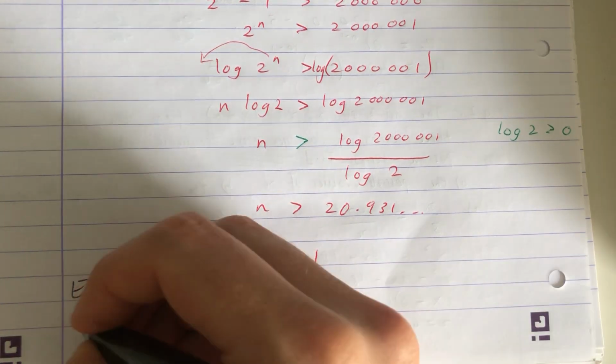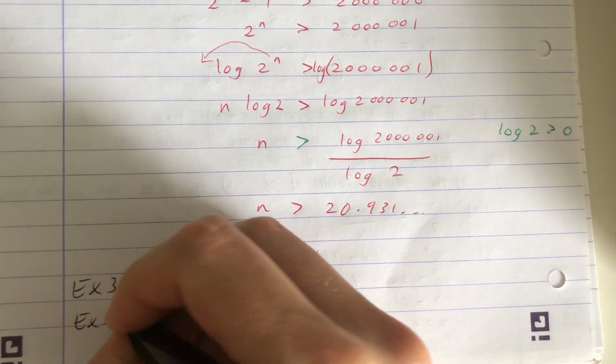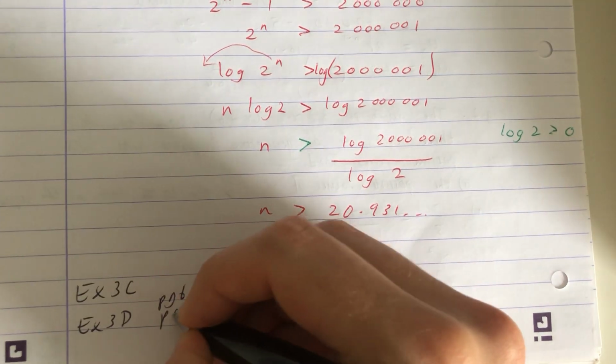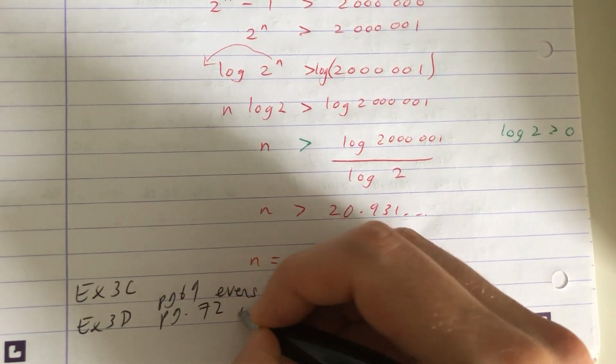And then you need to go to exercise 3D, and again, if you do the evens for that, that would be good. That's on page 72.